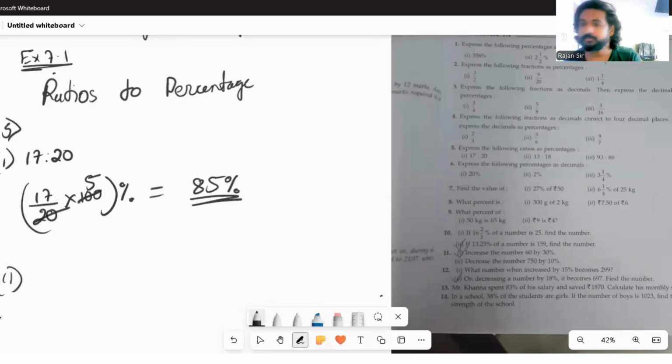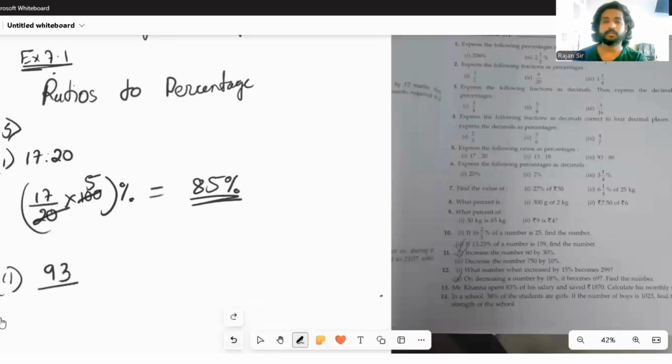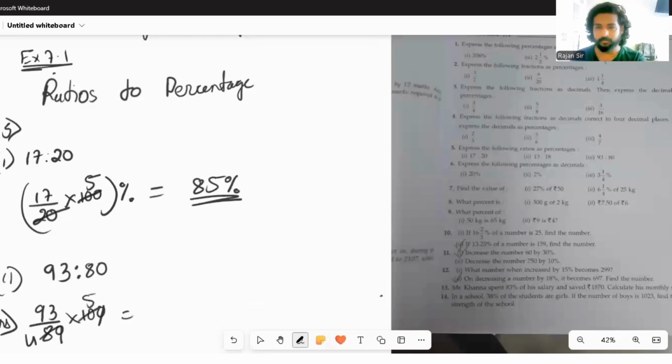Let's go for the second one. So we have 93 is to 80. So I'm writing 93 upon 80. You can write the answer over here. Make sure on paper you're not writing exactly like me. Then we can have 4, and then 5, and finally multiply. 5 threes are 15, 5 nines are 45, we have 4650 and divide by 4, and then you convert this into a percentage.